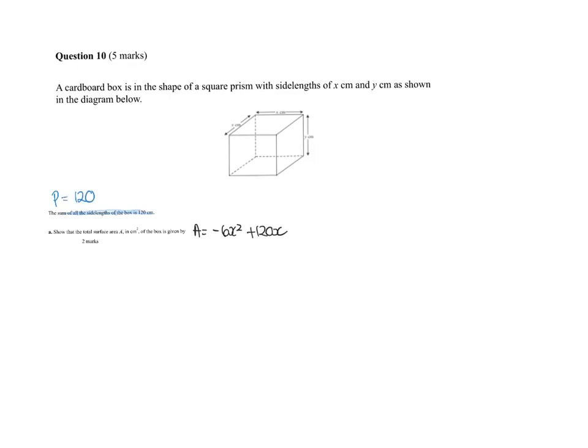120. Okay, and now they want me to show that the area in centimeters is given by this. If you look there, they're only using x. So what I need to do is get this y in terms of x.